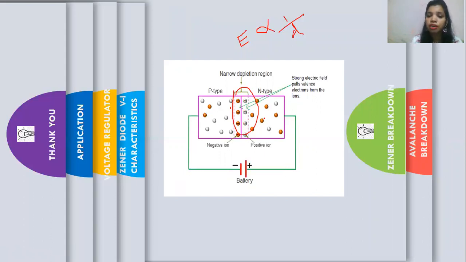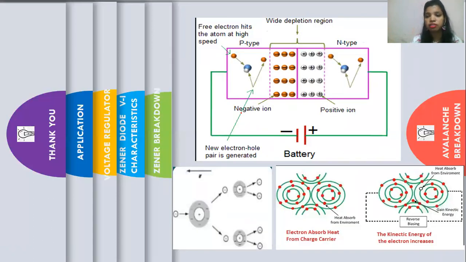So what is happening in this case? In this case, the carriers are due to the electric field, and in avalanche they are due to kinetic energy. That is the main difference. In the case of avalanche breakdown, due to the high speed of the moving carriers and their kinetic energy, they collide with the stationary atoms, and then electrons are generated.